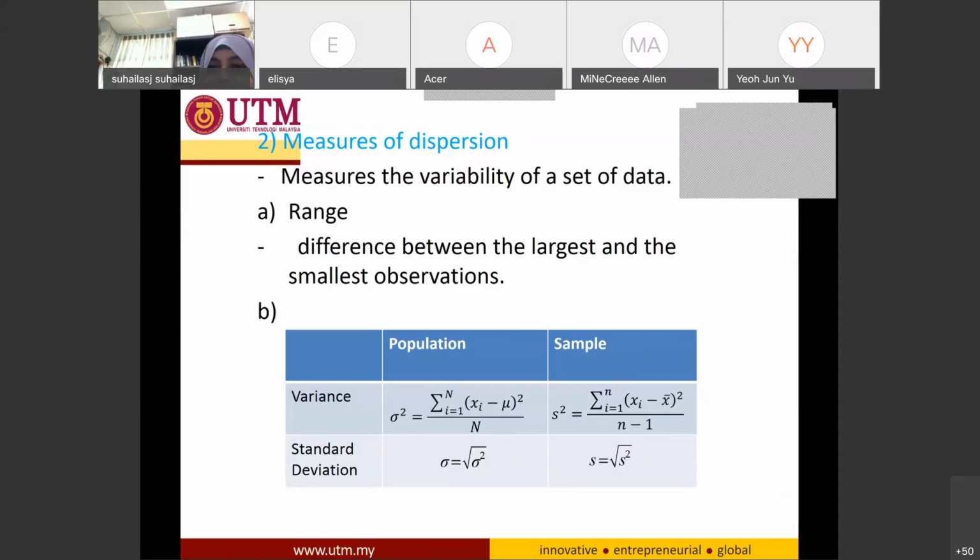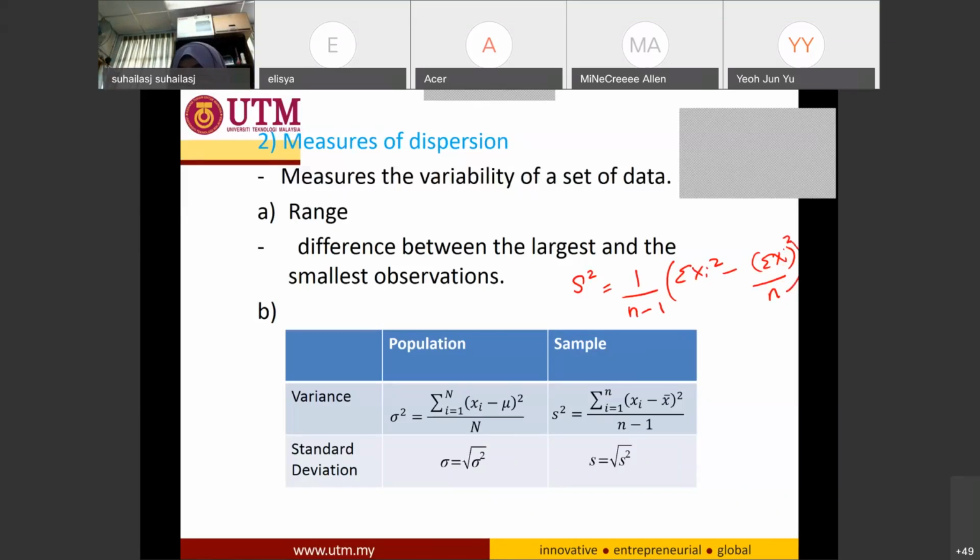For S square, it's the same thing. Kalau kita nak expand, if we expand the formula S square, 1 over N minus 1, summation Xi square minus summation Xi square divided by N. Dia yang sama. Nampak ke? Okay.